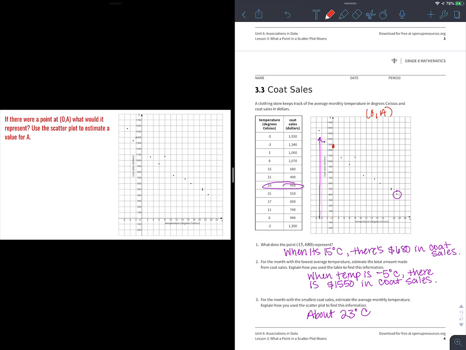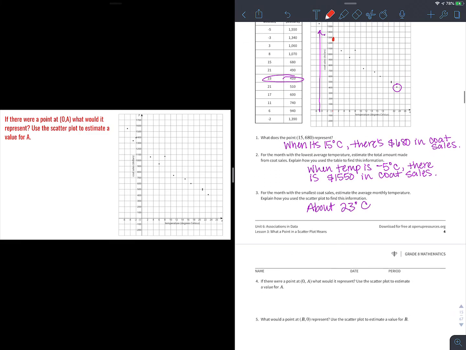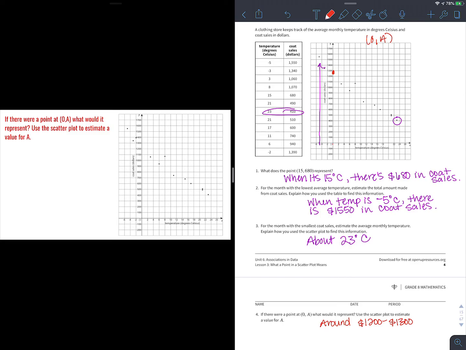So I might estimate around $1,200 to $1,300. And that's just based on the trends I'm seeing in the scatter plot.